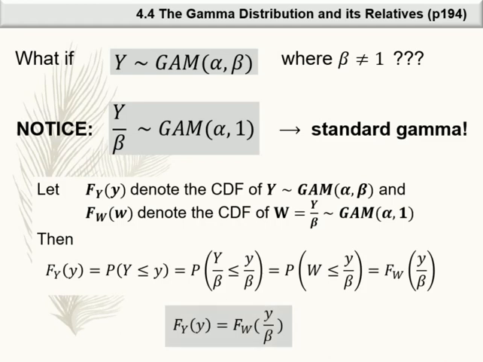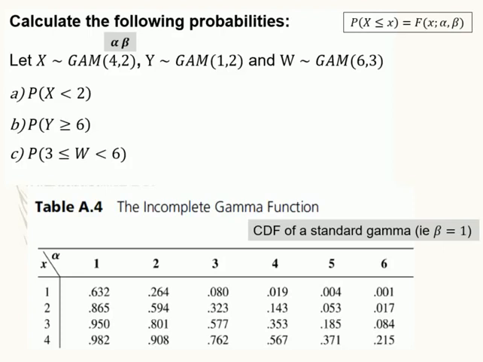Let's have a look at an example. In this example, in all of the cases actually, all of the betas were selected to be different from 1. So let's have a look at part A. X is not a standard gamma, but we know that if we divide by the shape parameter beta, then we end up with a standard gamma.